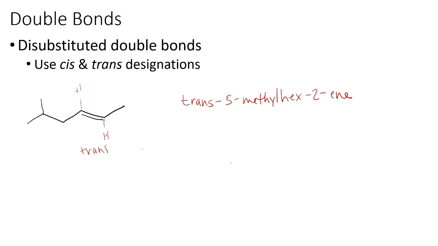So once again, we would have that trans because it is only di-substituted and the hydrogens are on opposite sides. We have a methyl group in position number 5, and then we have a hex-2-ene. So trans-5-methylhex-2-ene.